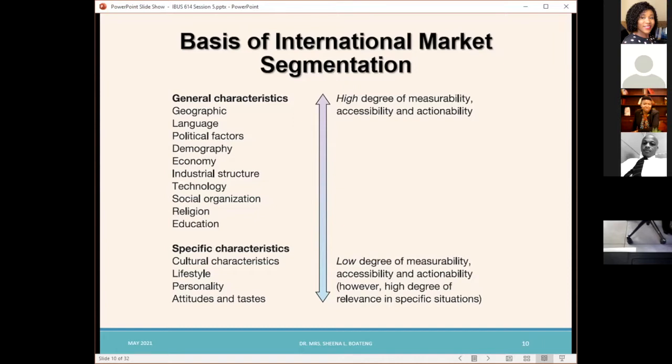So for instance, let's take a few examples. If I talk about the political situation in Ghana versus the political situation in North America, we can clearly see the accessibility of both markets, isn't it? Which one will be more accessible?